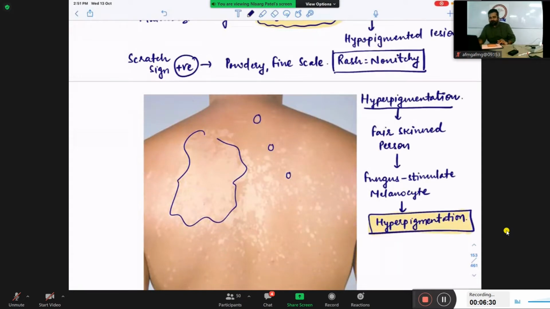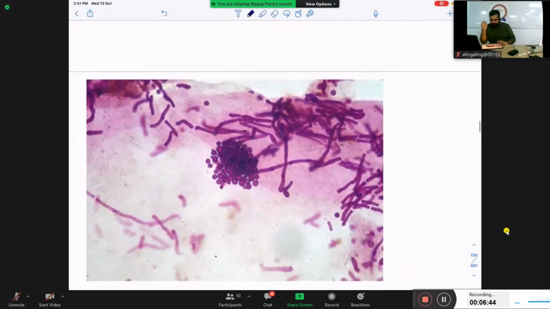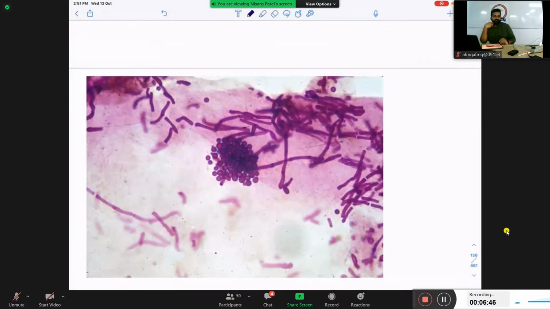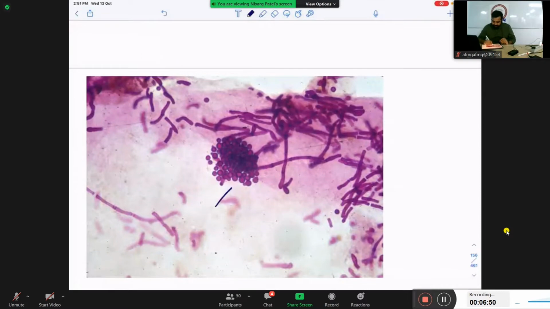Now, does anyone know what this Malassezia fungus is? This is a dimorphic fungus. What is the meaning of dimorphic fungus? It has two forms. Which are the two forms? One form is the yeast form, and the other is the hyphae form. So you will see two kinds of forms in this.